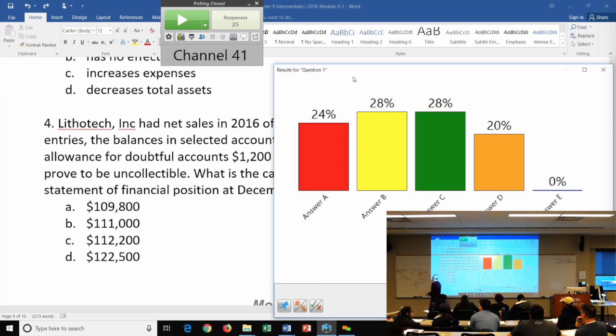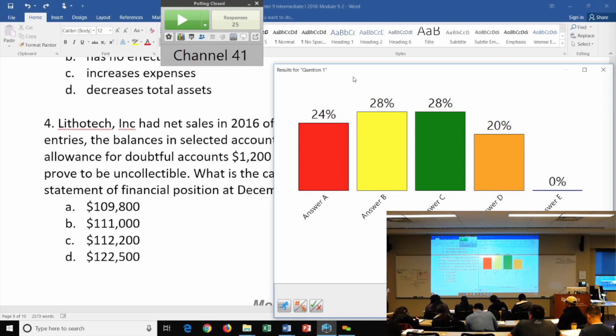So here we go. We've got the data as given. What's your opening balance of accounts receivable? 125. And is there a balance in the allowance account? Yes, 1,200. It is a credit balance, correct? Now we're told that the company uses the percentage of credit sales.